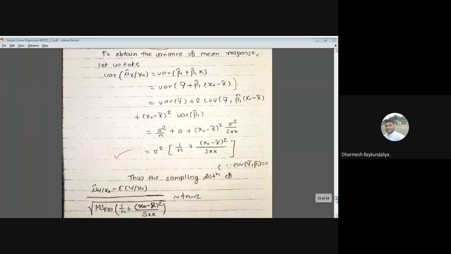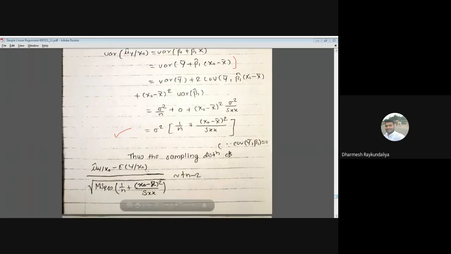So of course, what is the confidence interval? The estimated value minus true value divided by the square root of the variance of y cap. Because y has the normal distribution, beta 0 cap and beta 1 cap also have normal distributions, so y cap, a linear function of those, also has a normal distribution.